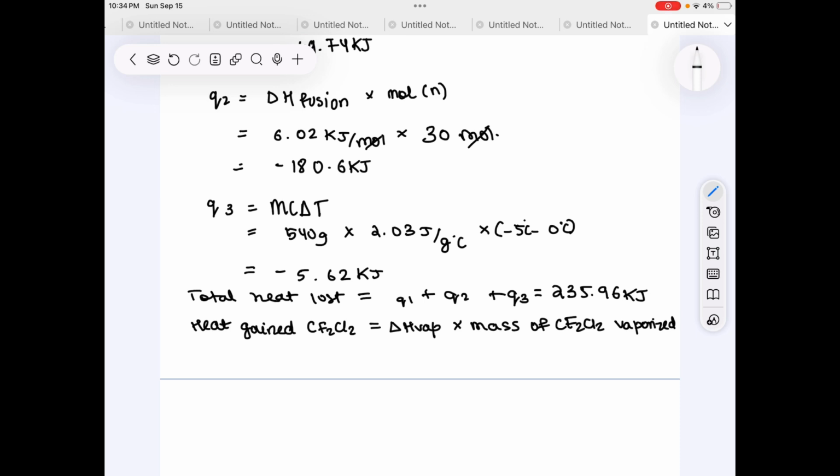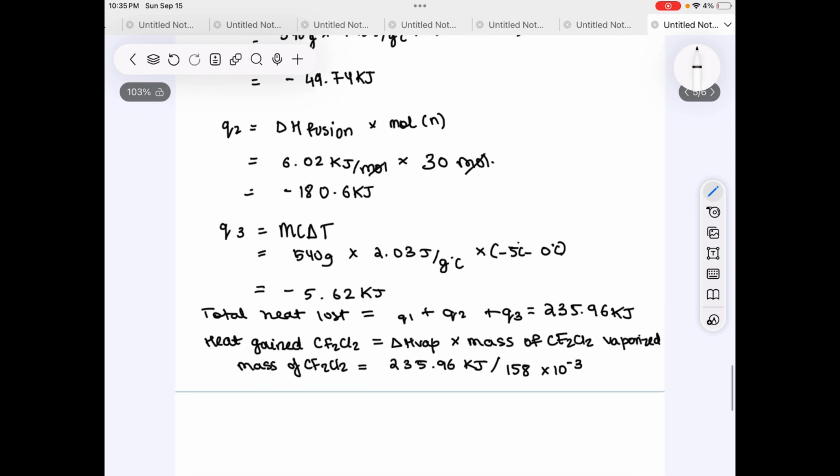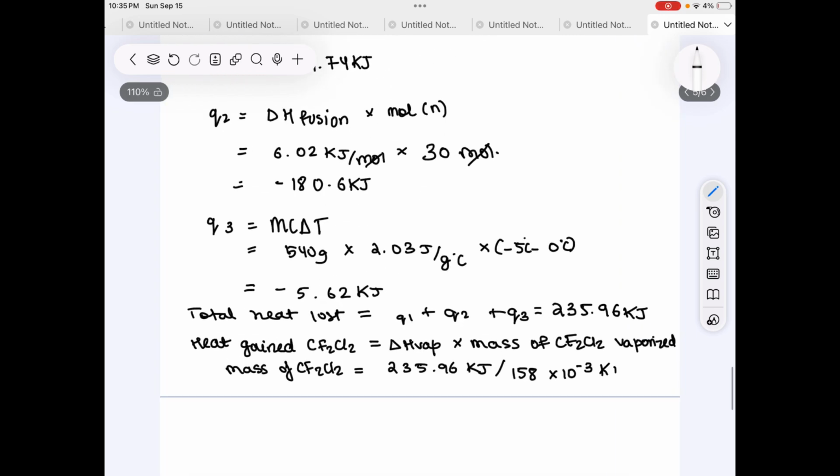Therefore, the mass of CF2Cl2 is equal to 235.96 kilojoules by the heat of vaporization, which is 158 into 10 raised to negative 3, since it was in joules, and we need to convert it into kilojoules per gram.